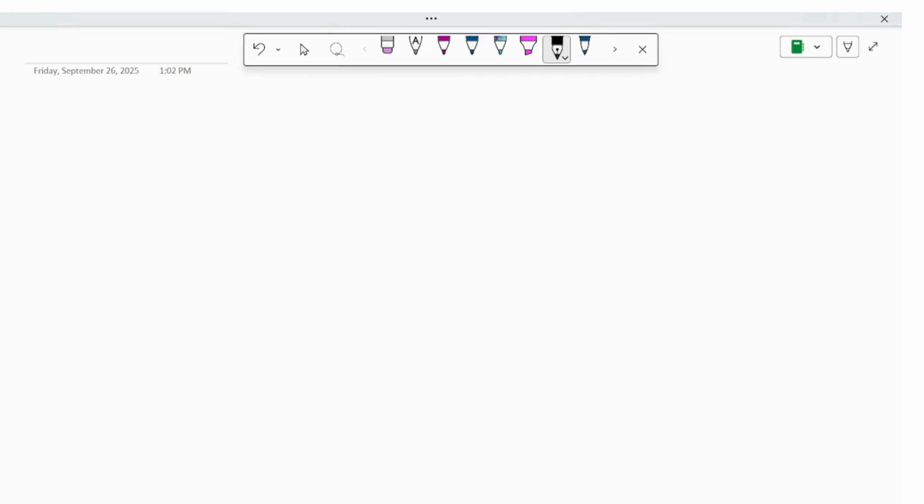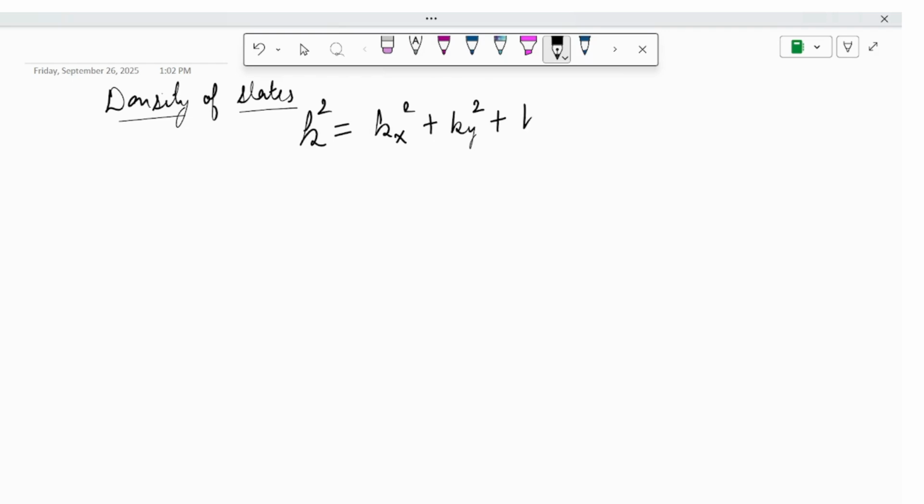So now we will be calculating the density of quantum states. Density of states at 0 Kelvin we are talking about. We already have calculated k square to be equal to kx square plus ky square plus kz square.